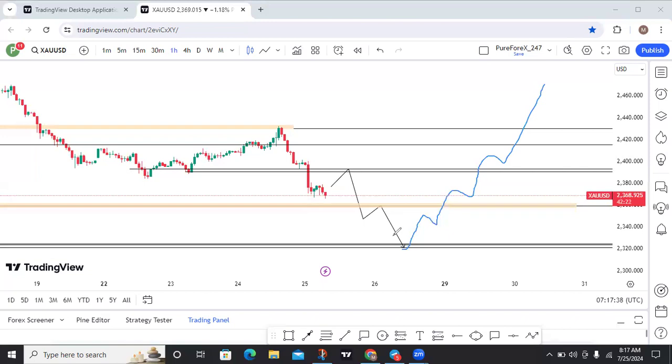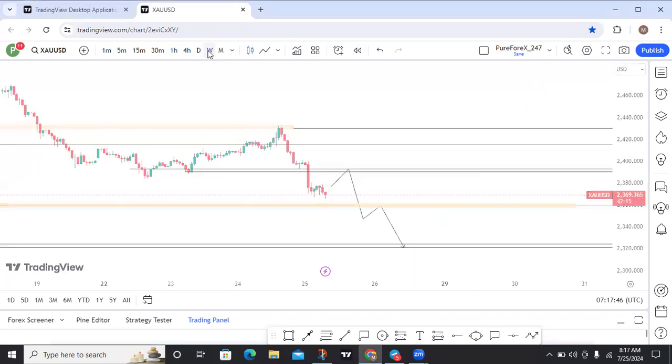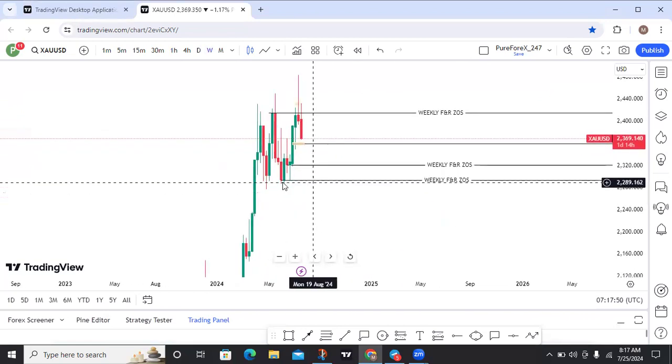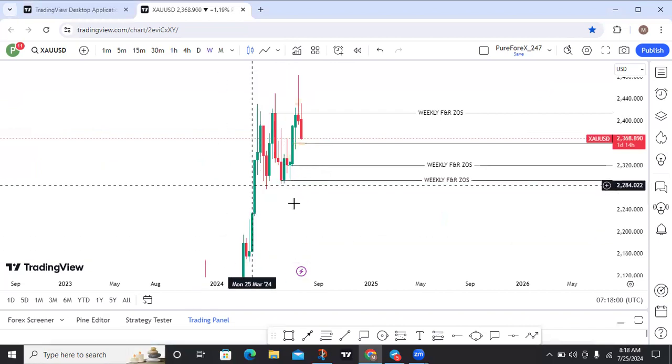Of course, if this market fails to retrace and breaks, meaning from the higher time frame, let me show you. That zone is coming from the weekly. So the direction we are seeing here is this track C, right?